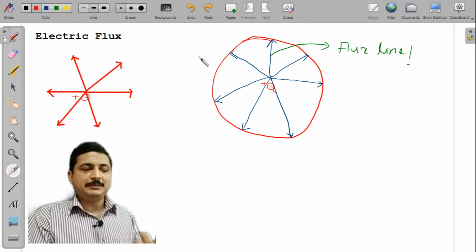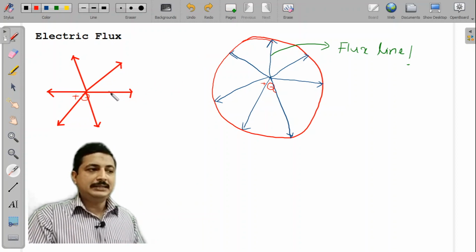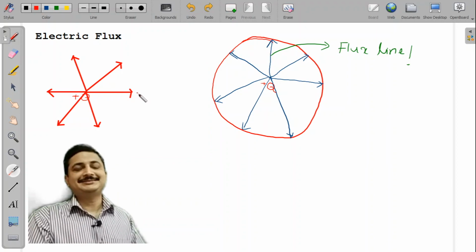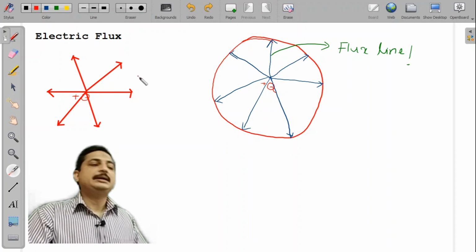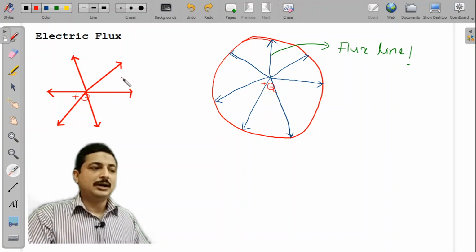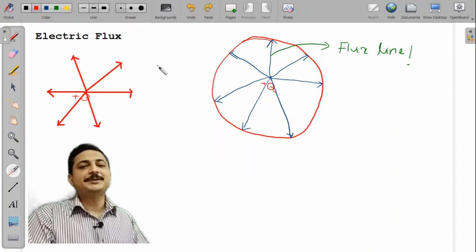So keeping that in mind, here it has direction, I agree, but it can be in any direction. Since it can be in any direction, he termed the field produced by this plus q as a scalar field. This is very important to remember.